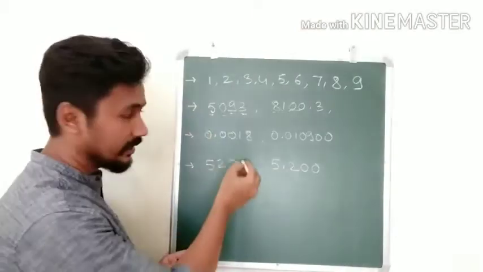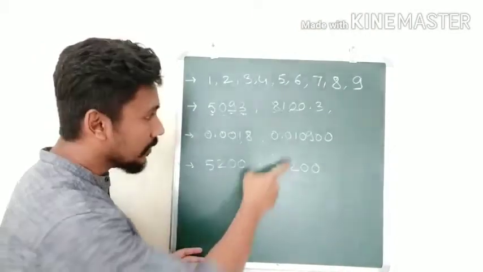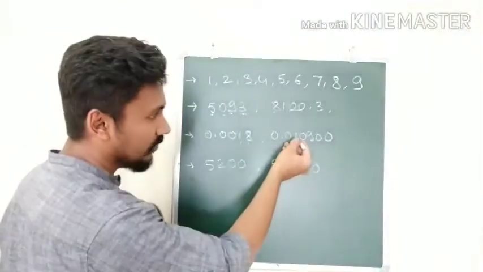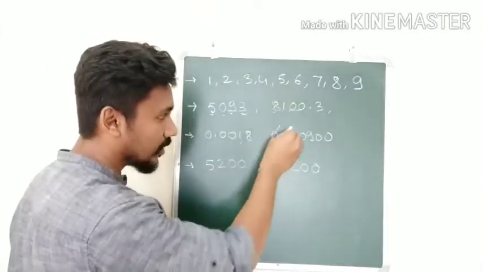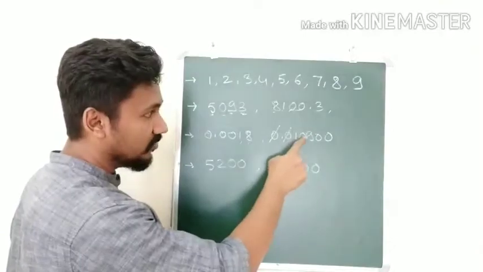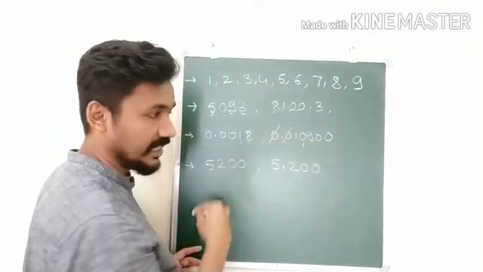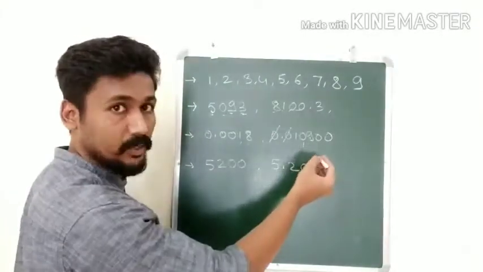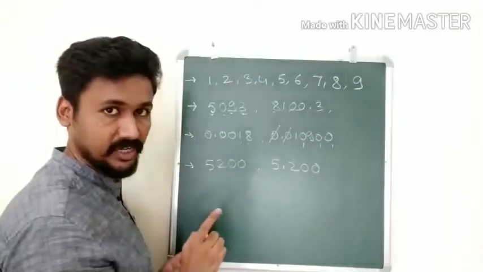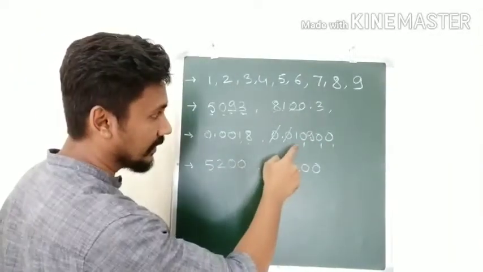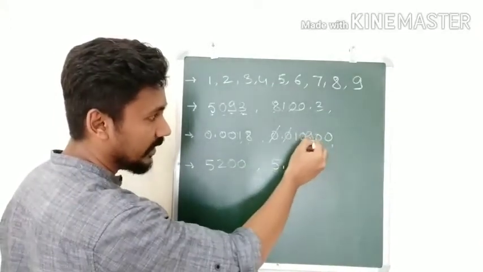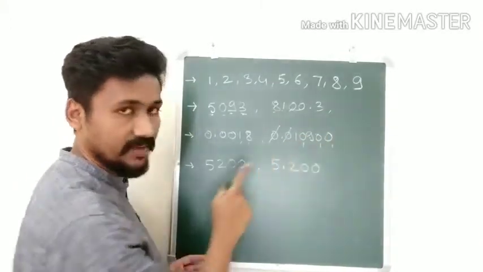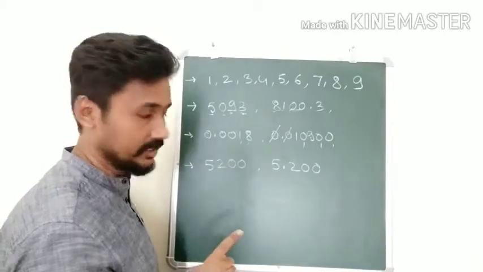Only 2, that is 1 and 8. But in this, okay, we see to the left hand side of 1 there are 2 zeros. These are not significant. Between 1 and 9 there is a 0. This is significant. After 9 there are 2 zeros. These are also significant. Okay, so in this case, how many significant figures? 1, 2, 3, 4 and 5. So here we are having 5 significant figures.